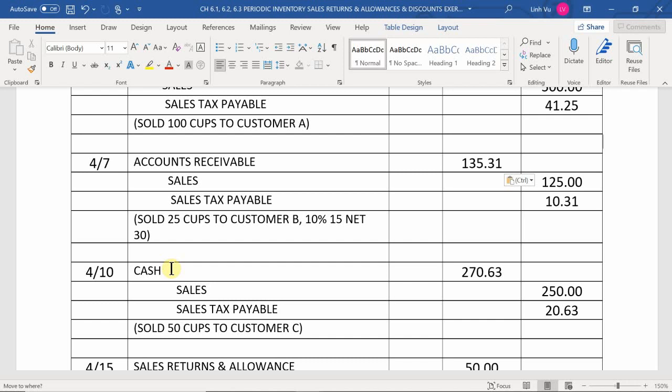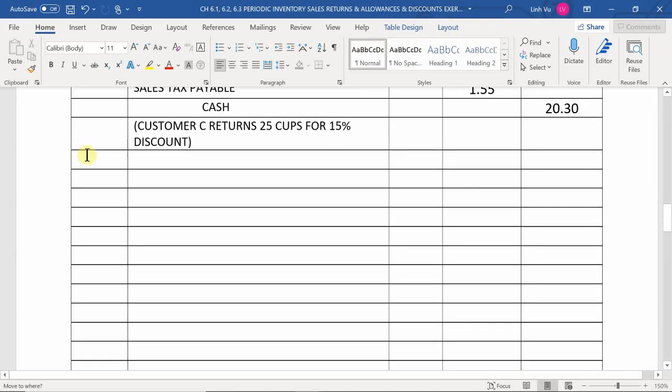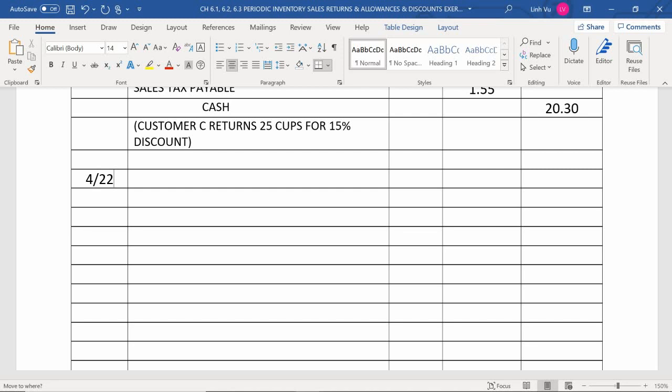So what's 10% of 125? $12.50. Good. So then in this case, how do I journalize that one, customer B giving me a payment? So I should be receiving what?